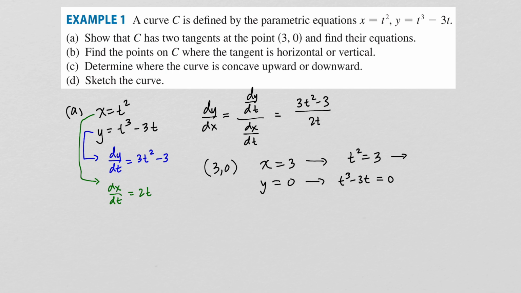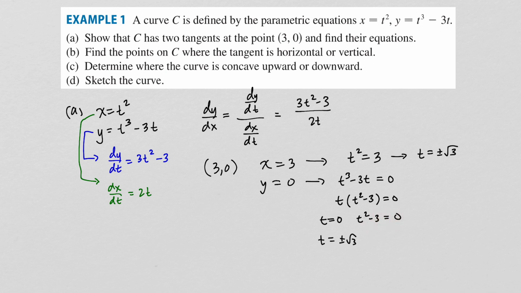Now I'm going to solve both of these equations. In the first equation, I get t equals plus or minus the square root of 3. And in the second equation, we can factor out a t, and then we can set both of these equal to 0, and you can see that we get t equals 0, and then here we get t equals plus or minus the square root of 3.